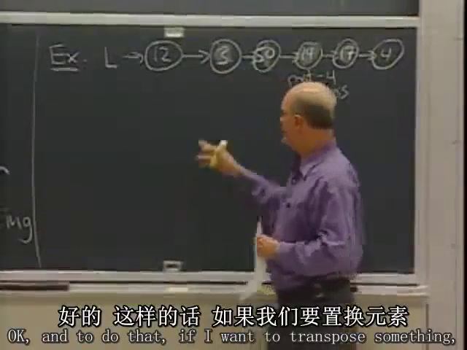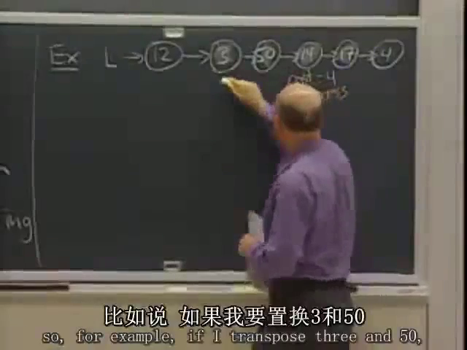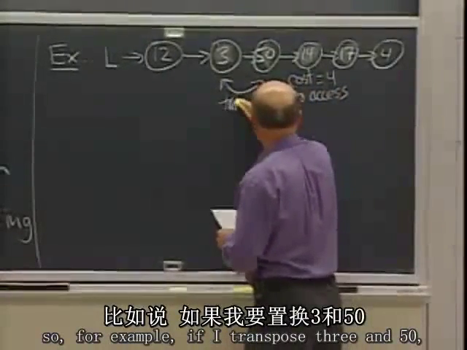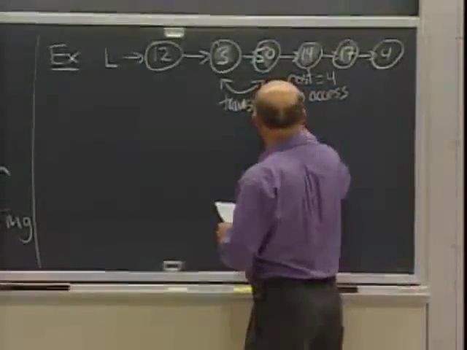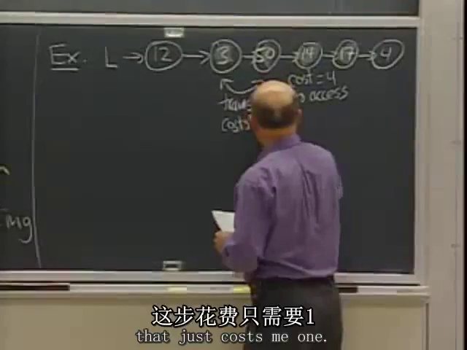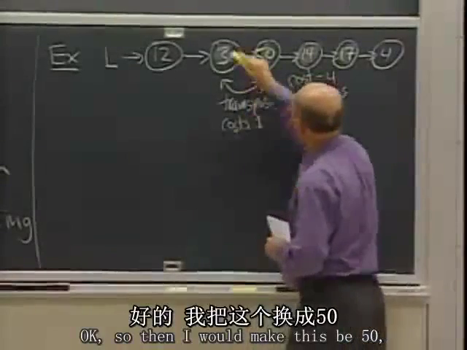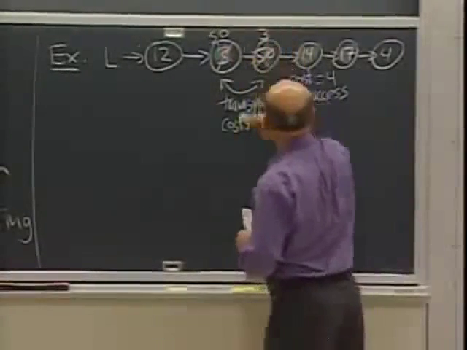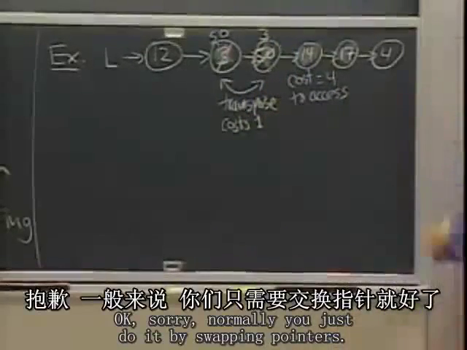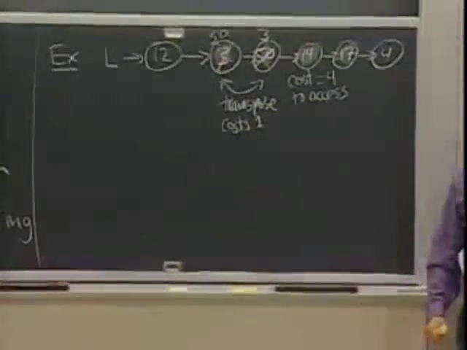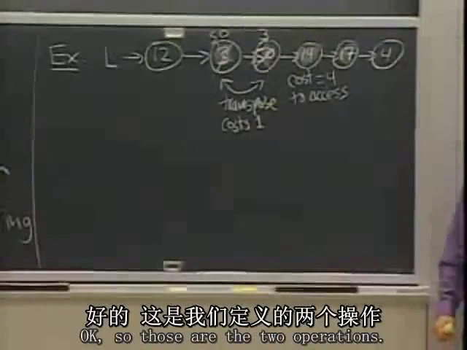And to do that, if I want to transpose something, so for example, if I transpose 3 and 50, that just costs me 1. Okay? So then I would make this be 50 and make this be 3. Sorry, normally you just do it by swapping pointers. So those are the two operations.